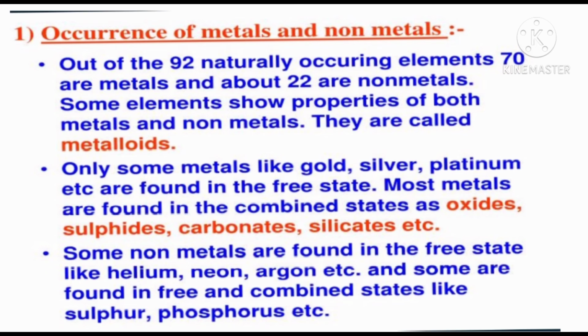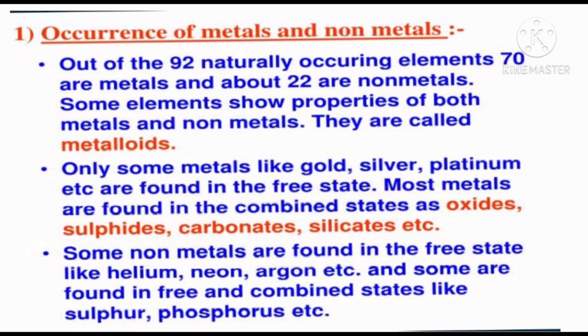Dear students, occurrence of the metals and non-metals. Out of 92 naturally occurring elements, 70 are metals and about 22 are non-metals. Some elements show properties of both metals and non-metals. They are called metalloids.